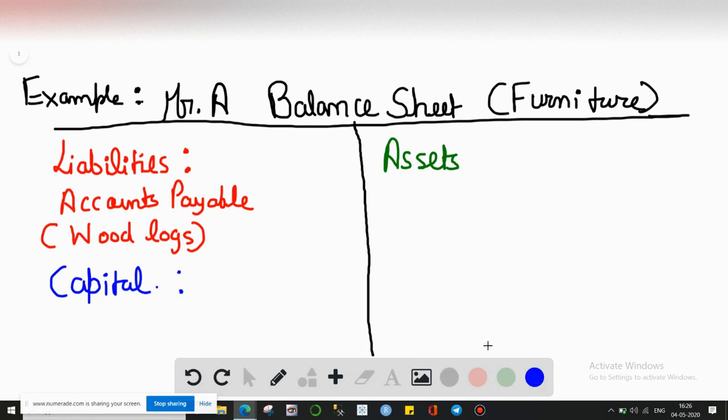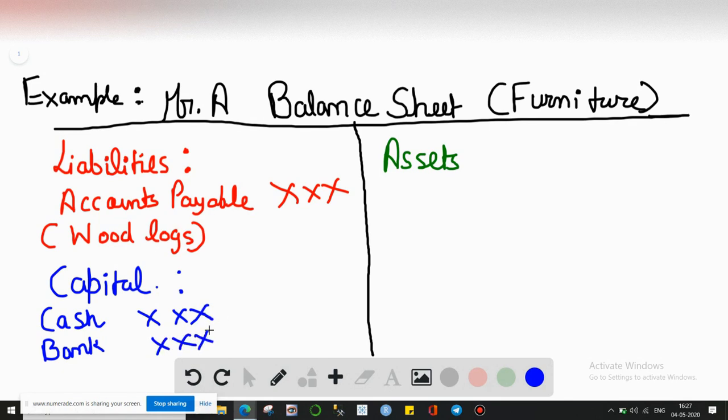Let's say suppose Mr. A brought cash as well as his bank balance to start the business. So the capital is the amount of investment which has been brought by the owner to start the business, at the initial level as well as in the middle of the operating of the business also.